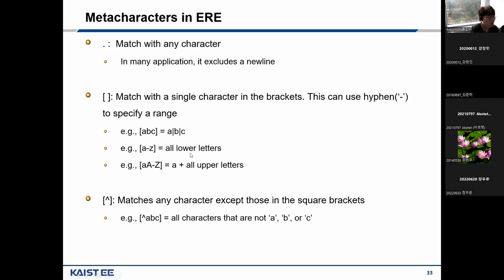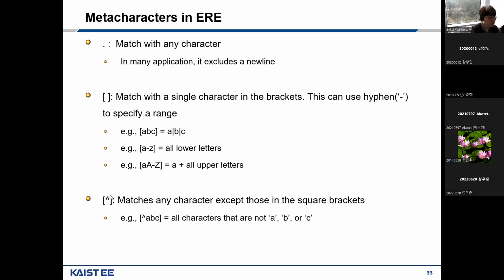How can you represent all lower letters and all upper letters together with this bracket one? As Changmin said, you can do it like this: a-z, capital A-Z.